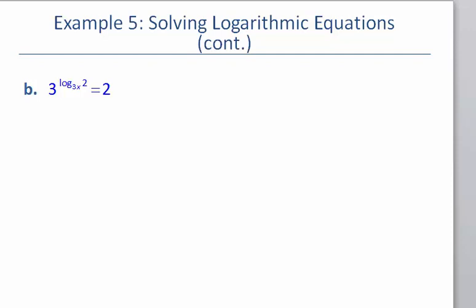Even though it looks very messy and it does have a log, it is 3 raised to a power, and that power has the x, is equal to a number. So this is exponential form. So if we're going to convert, then we are going to be converting to log form. So let's see if that makes it any easier to work with.